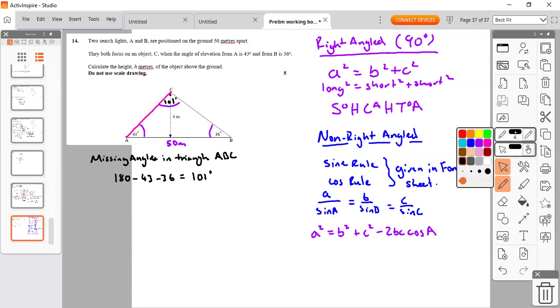Now remember, when I use the sine rule, I only need to use two parts of it. I can rule one part out. To find that line I've made pink, that distance AC, that is across from my angle that's labelled B. I've got my angle that we've labelled C, and the side across from that is 50.